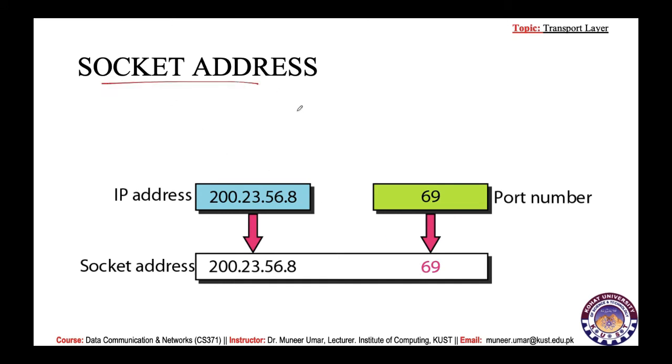The client socket address defines the client process uniquely, just as the server socket address defines the server process uniquely. The transport layer protocol needs a pair of socket addresses. So actually we use this pair for identifying the client as well as the process on the client.